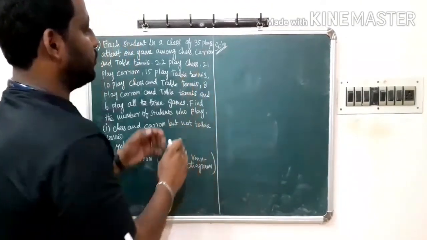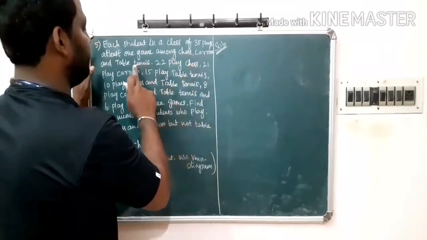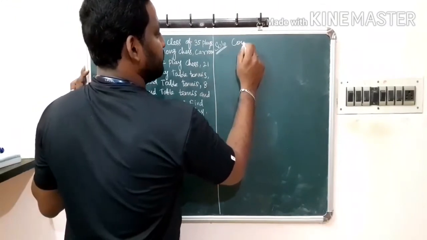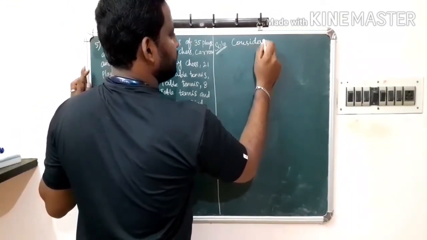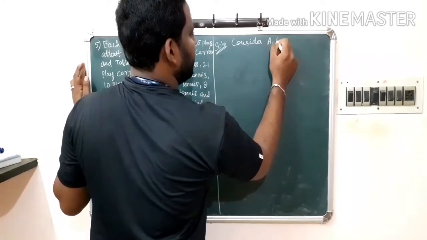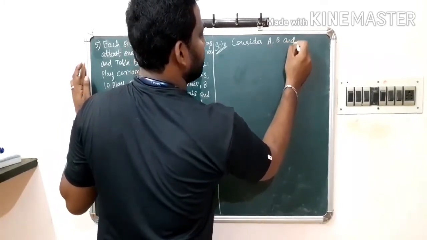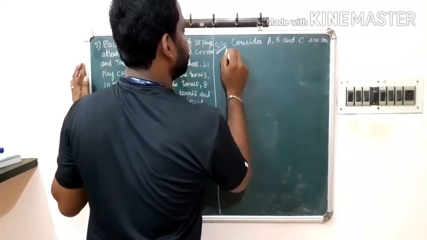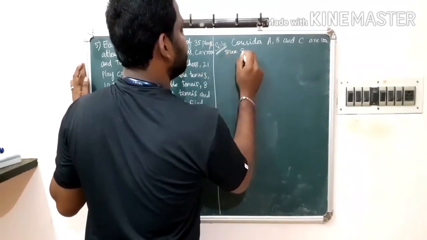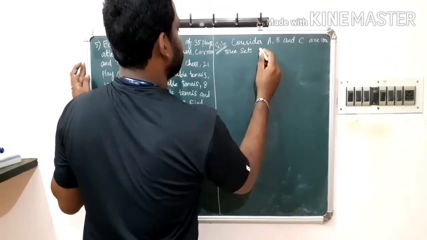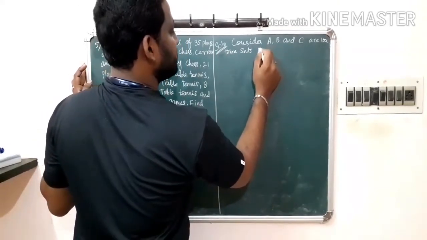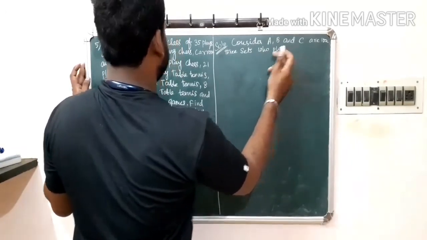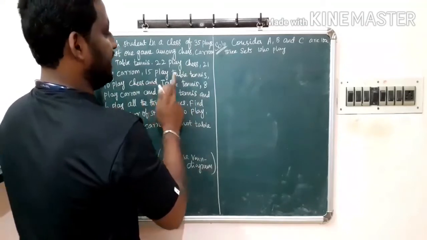Before that we have to write the set names: chess, carom, table tennis. Three sets are given. So consider capital A, B and C as the 3 sets of those who play chess, carom and table tennis.